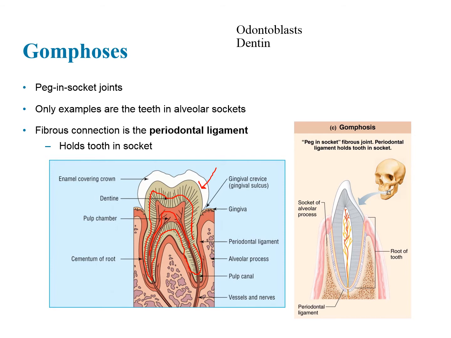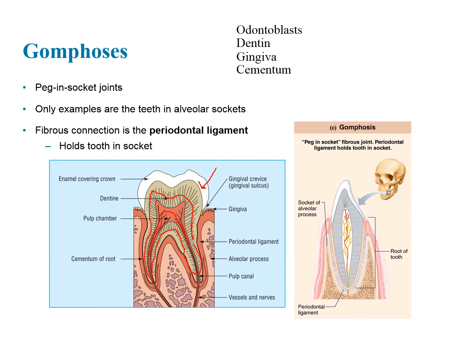The gums are also called the gingiva, by the way. In the gingiva, so under the gum line, the dentin is covered by another material called cementum. And it's the cementum that's going to cover a tooth's root.